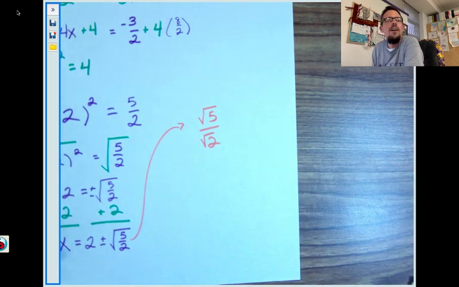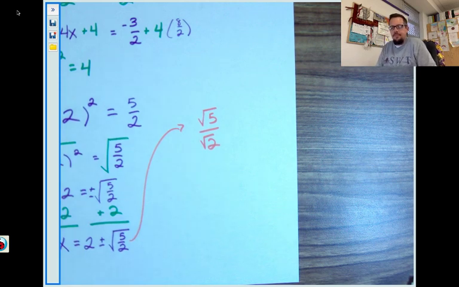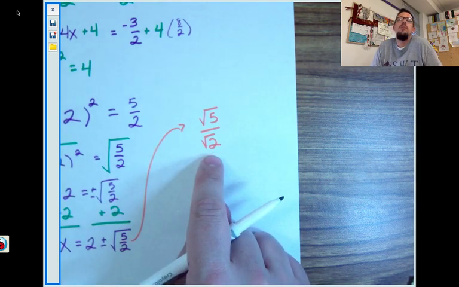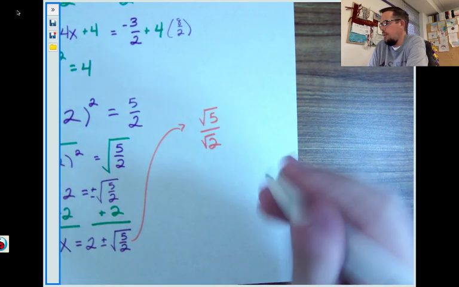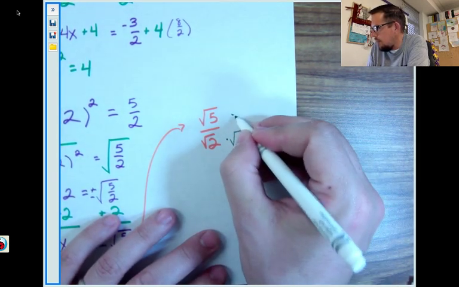I got kicked out on that part. I can't have a square root in the denominator, so I need to multiply the denominator by something that's going to get rid of the square root. Yeah, let's multiply by square root of 2. And if I multiply by square root of 2 on the bottom, got to multiply by square root of 2 on the top.